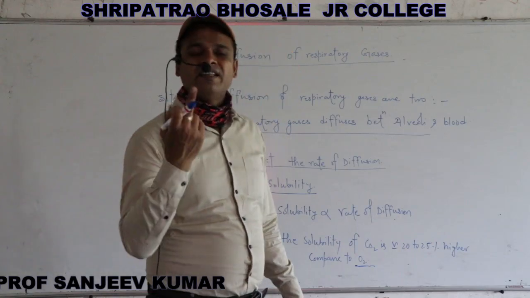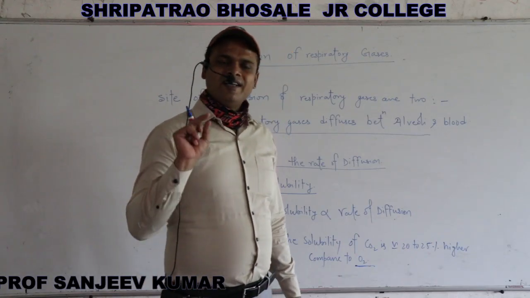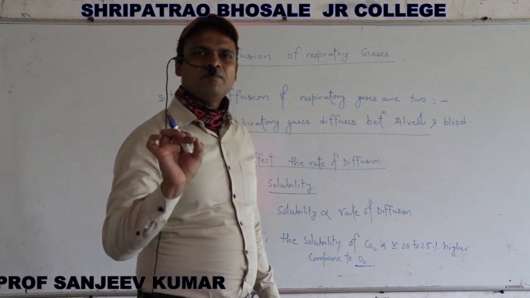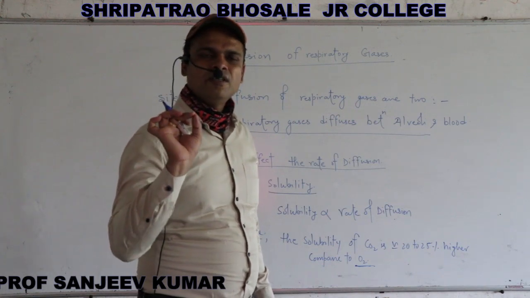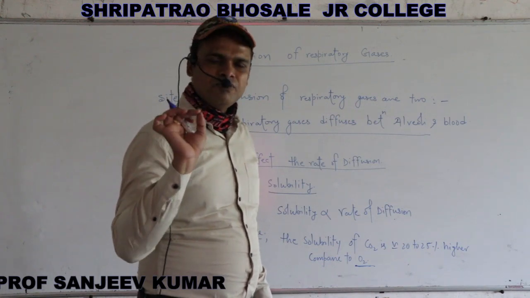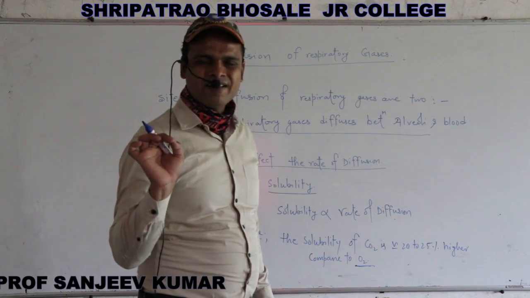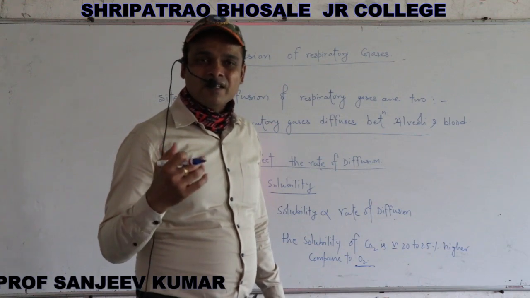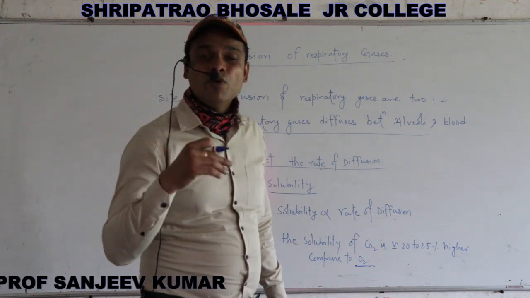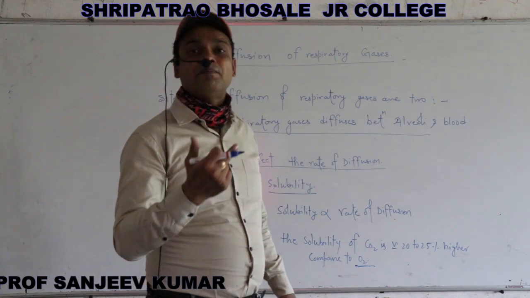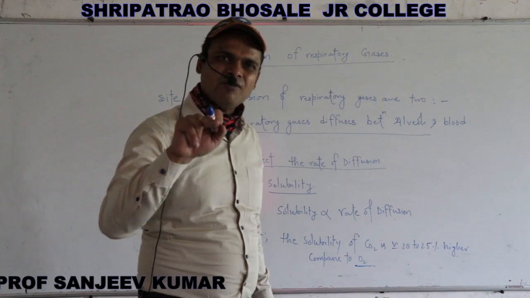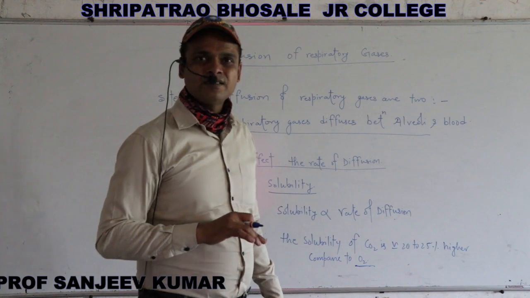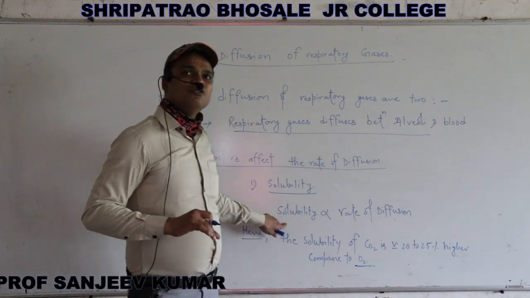That is why, even though the partial pressure difference of CO2 between venous and alveolar air is very small, the rate of diffusion is still higher compared to oxygen, which has a larger partial pressure difference between alveoli and blood. This is due to solubility.